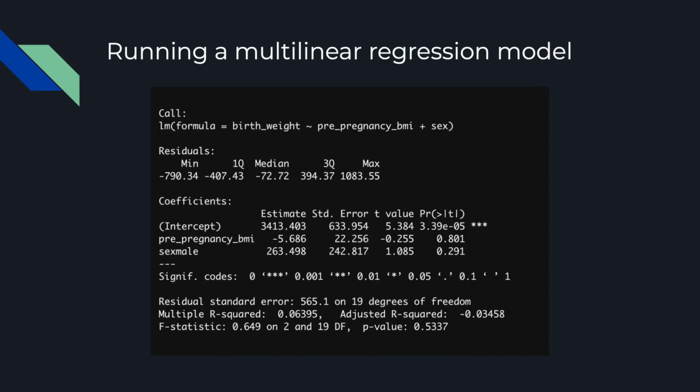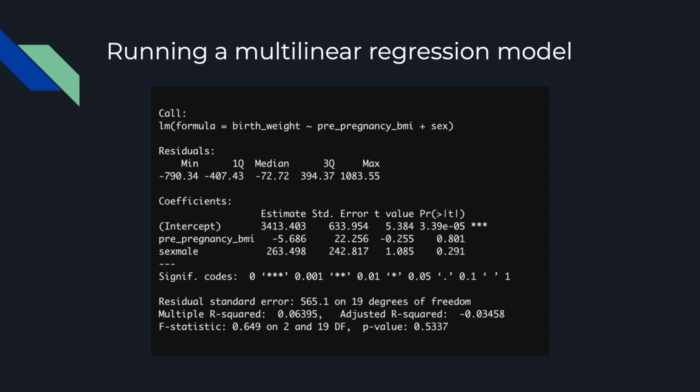And now to test that, we ran a multilinear regression model. Looking at birth weight as a function of pre-pregnancy BMI and sex, we see that the intercept is the expected value of the birth weight when we're at our reference level.